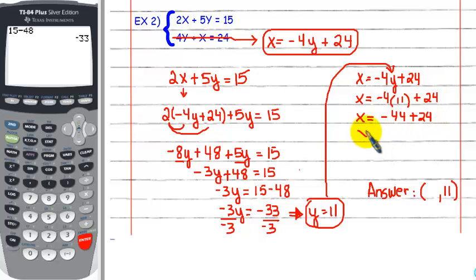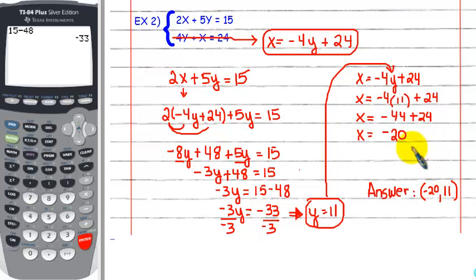Okay, and signs are different, so you subtract. So it would be negative 20. Okay, so we found out that our x value is negative 20.